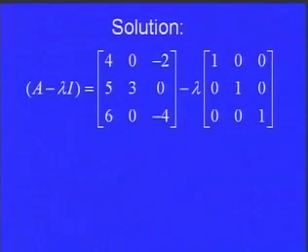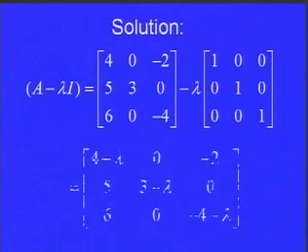First find A minus lambda I. As you can see, I put the original A, then minus lambda times the identity matrix. This time I'm using I sub 3 because I want to use the same size as A. So I have 1, 0, 0, 0, 1, 0, 0, 0, 1 as my I matrix. Working that out, look at that main diagonal.